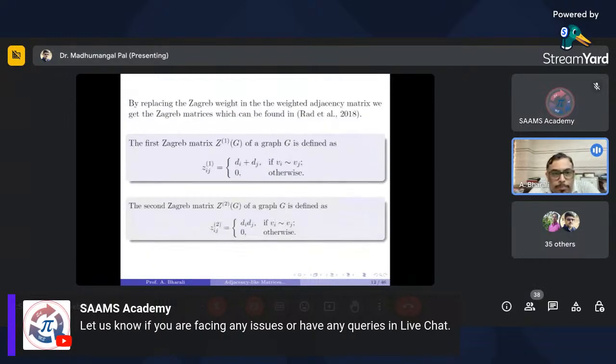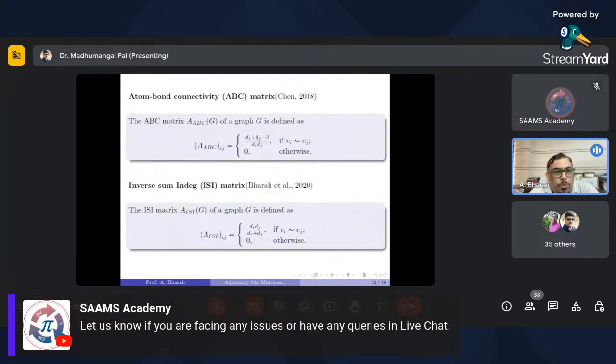Then we have the first Zagreb index, second, already discussed by Ramana sir, which was proposed in 2018. Then in 2018, Chan proposed the ABC index, or atom bond connectivity index. We defined in 2020 the inverse sum indeg index, the ISI index.